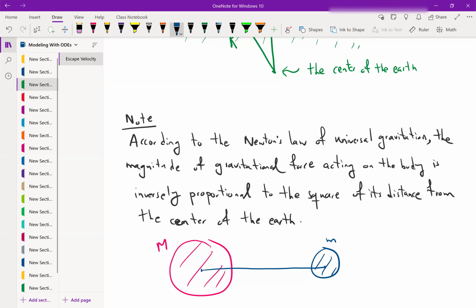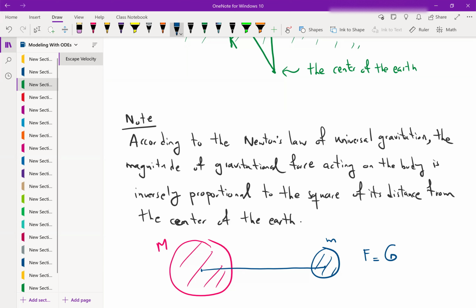And the magnitude of this force, this is a general fact, not just for the Earth and the body that we are interested in here, for any two masses little m and big M, according to Newton's law of universal gravitation, is equal to some constant G, which I will tell you the value of.